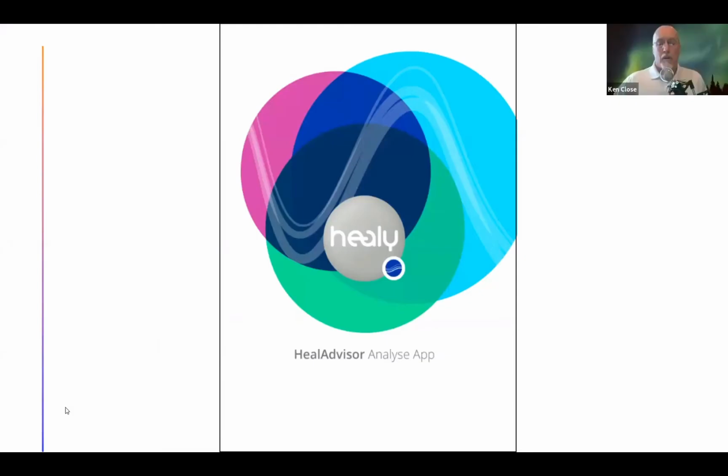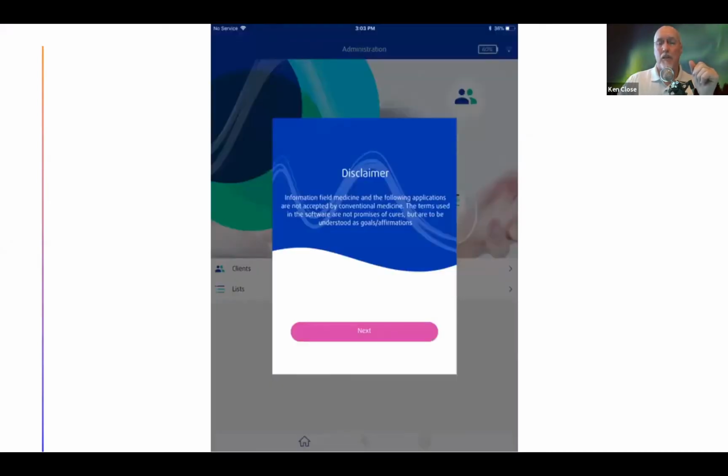So when you first open the app, after you've loaded it onto your device, this is what you see. This is the first screen. It's going to ask you to look at the disclaimer. This is always going to come up with all of our devices and all of our apps. You have a disclaimer you've got to look at and agree to, or at least hit the next key.